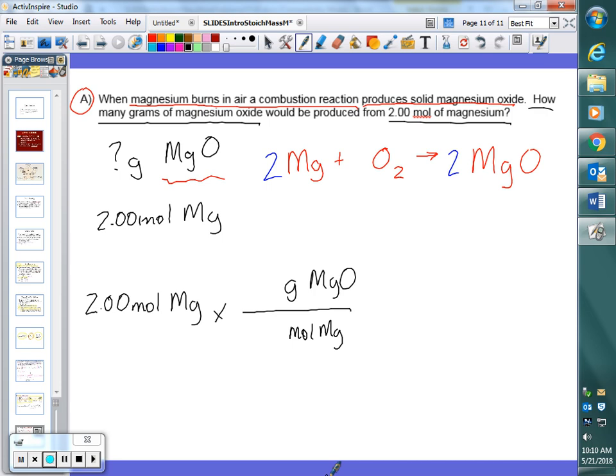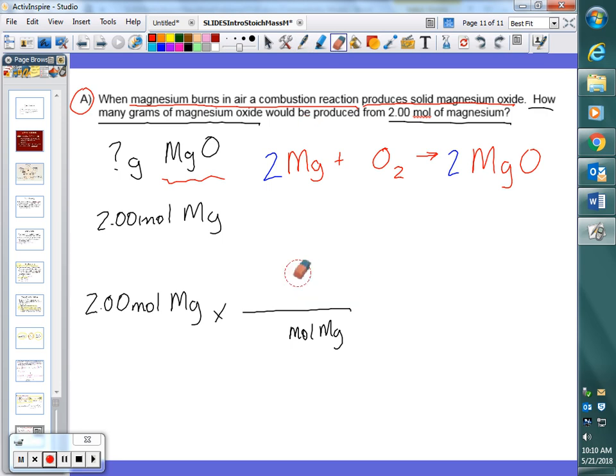But those ratios hold true when we're talking about molecules, and they also hold true when we're talking about moles, because moles is the same number of things, the same number of molecules. So here we need 2 magnesiums for every 1 oxygen. That's true if we have the same number of things, but not necessarily the same mass of things. So we can't have a conversion factor that starts with moles of one thing and leads us to grams of something else.